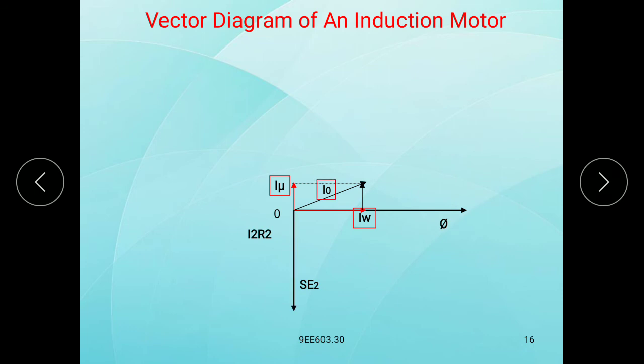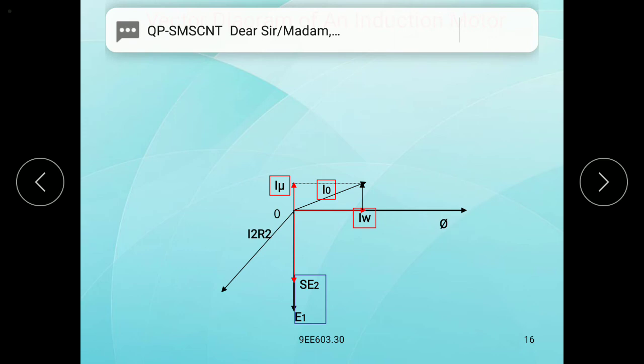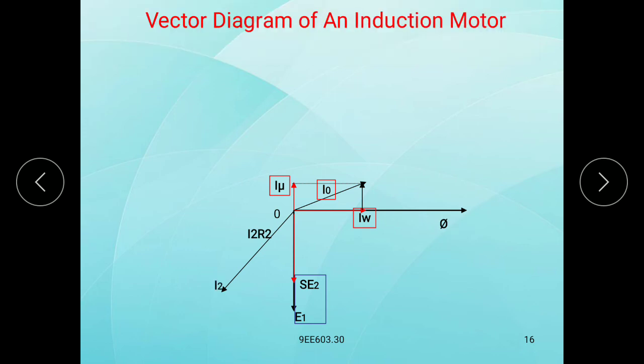here is SE2, the rotor side voltage, and also the voltage at the stator. This is I2 R2, and the combination gives I2.